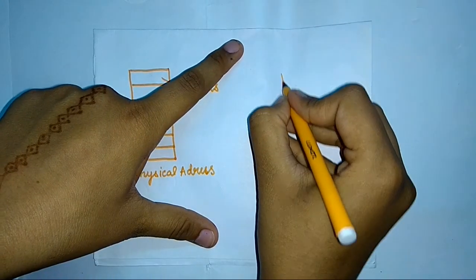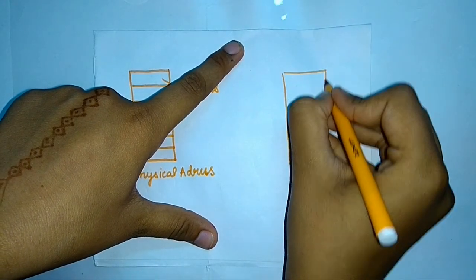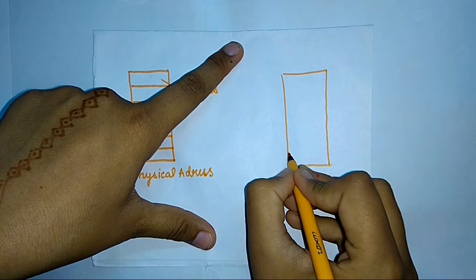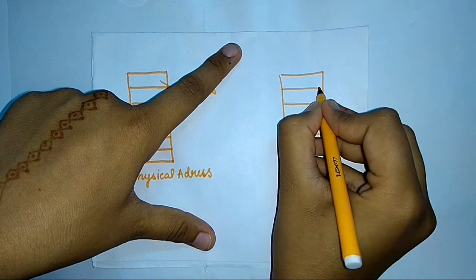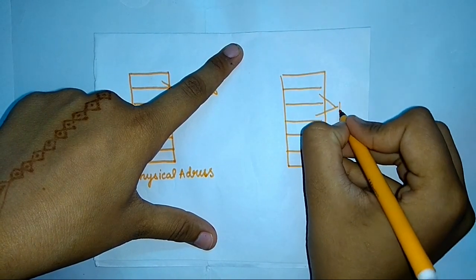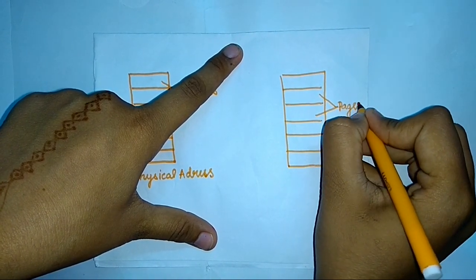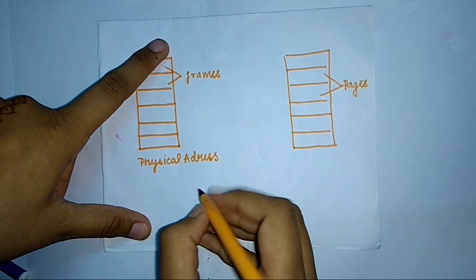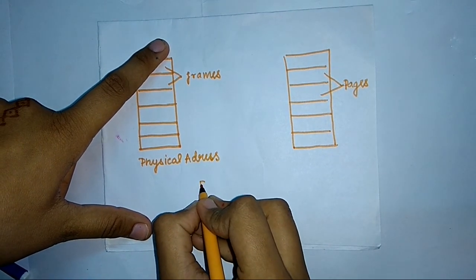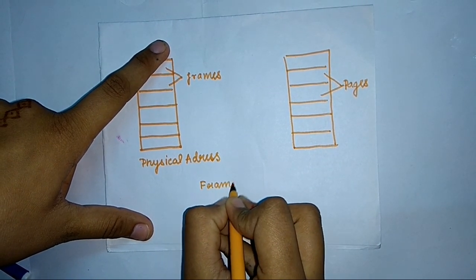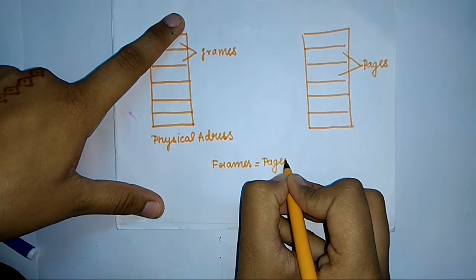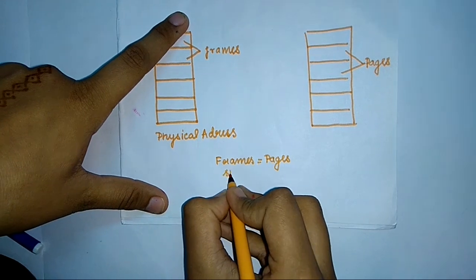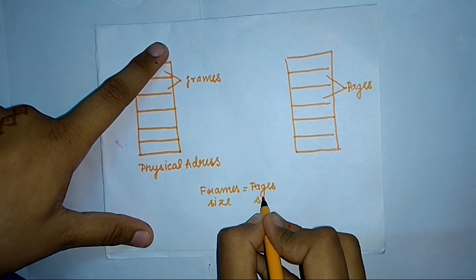Similarly, our logical address space is also divided into fixed size blocks, and these blocks are called pages. One more important thing to notice here is that the frame size is equal to the page size.